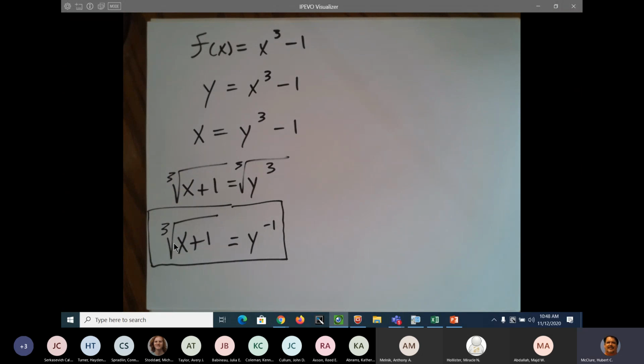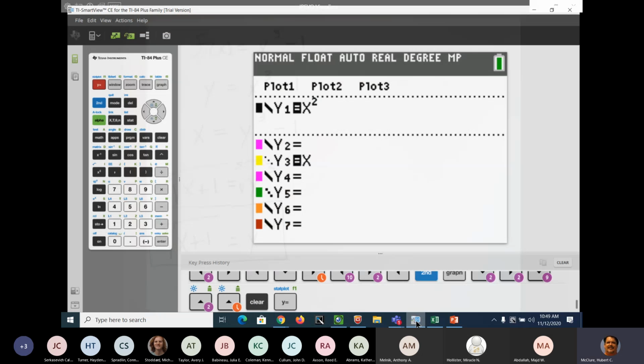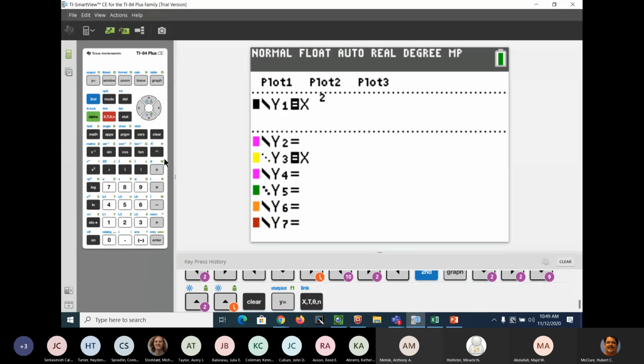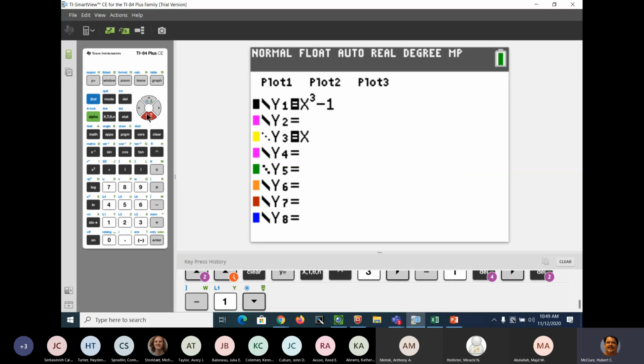So let's graph this one. X cubed minus 1. Sometimes these calculators can be very aggravating. X cubed minus 1. And then your inverse is going to be the cube root.